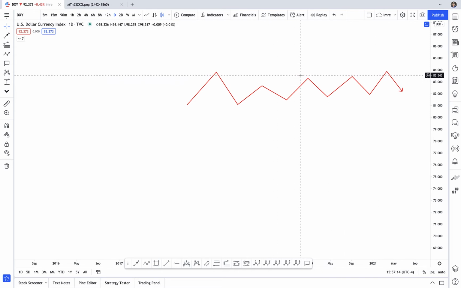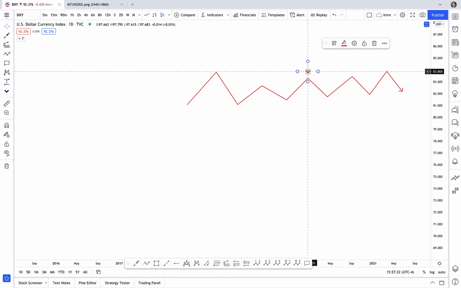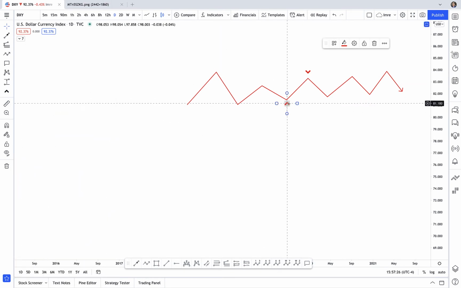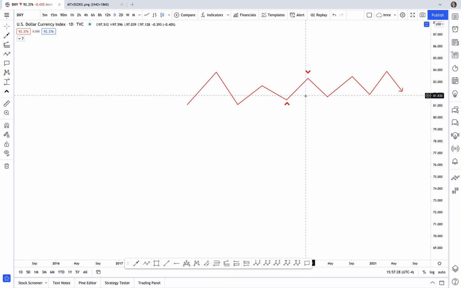But individual waves themselves can take on impulsive characteristics. So for example, this wave right here could be an example of one impulsive wave within a series of larger corrective waves.